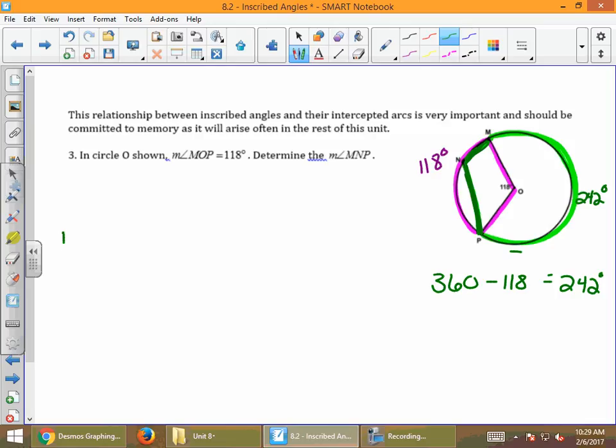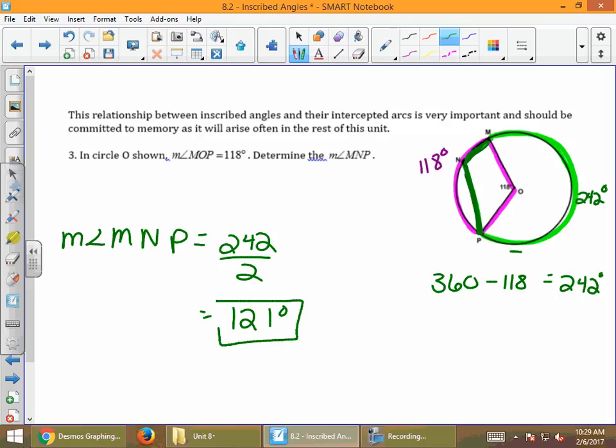So to find the measure of angle MNP, we take the arc and divide it by 2. So what do we get when we do 242 divided by 2? 121. There's the measure of angle MNP.